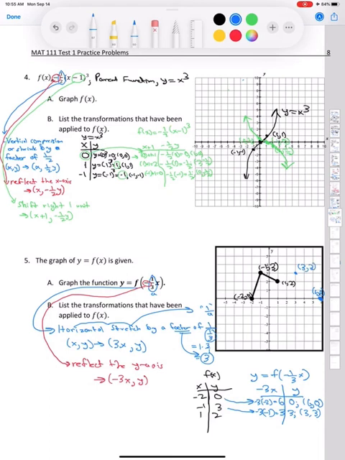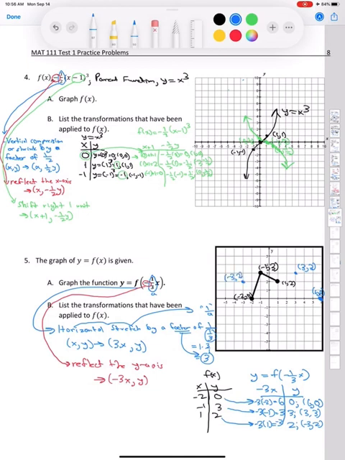And for our last point, let's plug in 1 for x. We get -3 times 1, which is -3, and our y-coordinate is 2. So (-3, 2) is on this graph: left 3, up 2 units, plot that point.